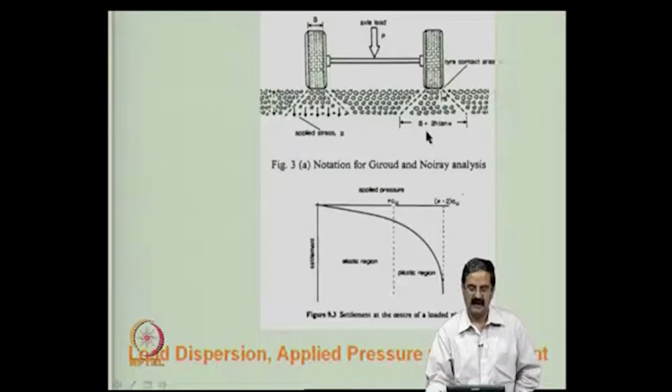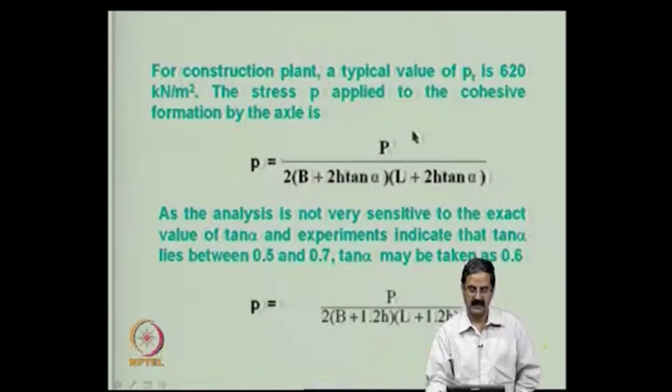So, the pressure is P divided by 2 into B plus 2 H tan alpha into L plus 2 H tan alpha. The total pressure gets divided, this is what you get.